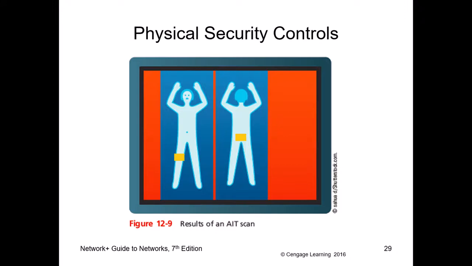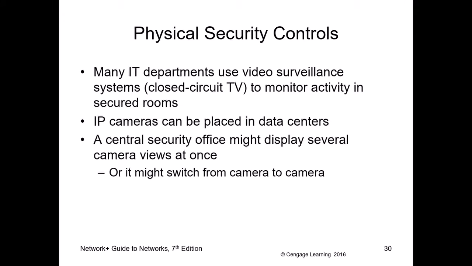They have these at airports, right? If you ever went to an airport, they'll use those physical scanning, the ATI scan. They use video surveillance. You can use that. Cameras that go outside or inside.